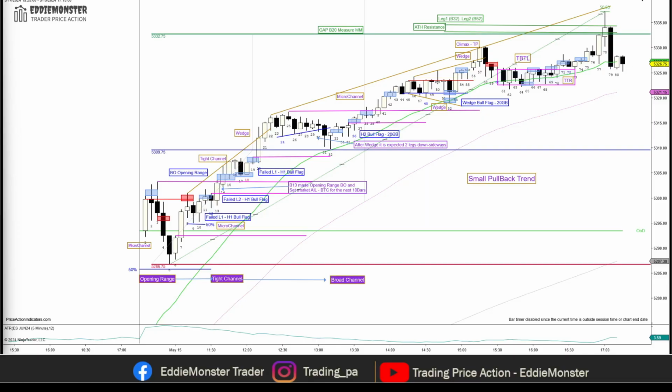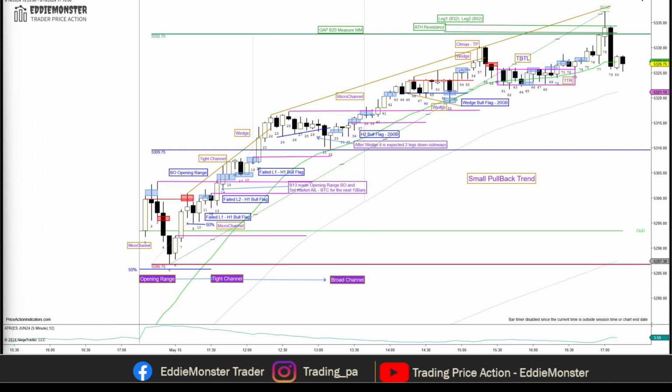Let's make a quick recap of the day, and I'm gonna try to make it quickly and explain how to trade this, let's say, small pullback, and I'll tell you why I'm categorizing this as a small pullback.